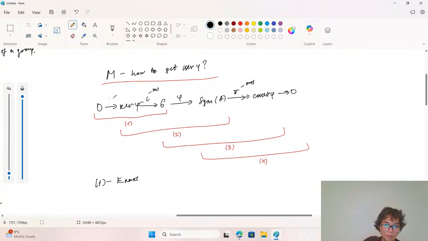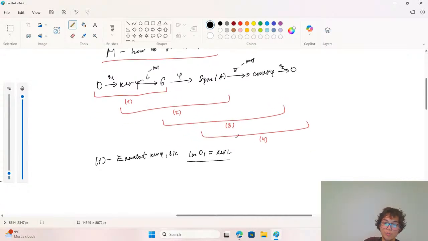So I call this 0, 1, 0, 2. Exact at kernel phi, because the image of 0, since this I is injective, corresponds to the kernel of this I. So that's why it's exact when the image is equal to the kernel.